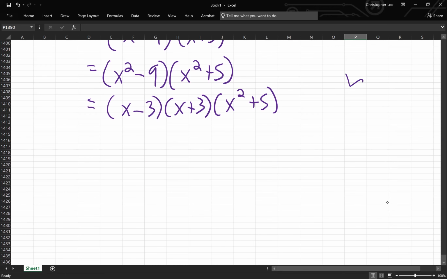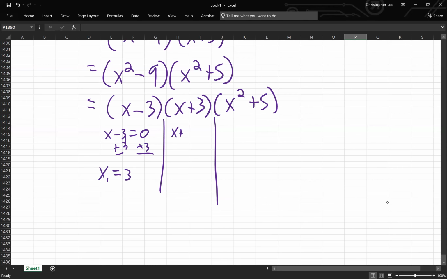So I got x minus 3 equals 0, add 3, so x1 is equal to 3. I got x plus 3 equals 0, subtract 3, so x2 is equal to -3. I got x squared plus 5 equals 0, subtract 5, so x squared is equal to -5.